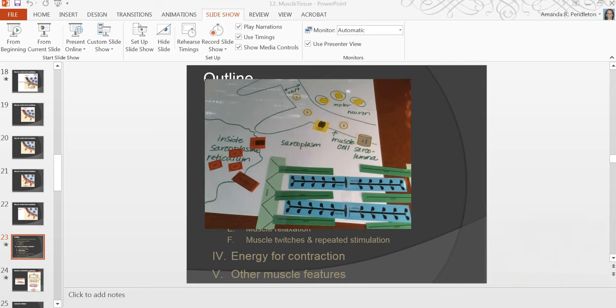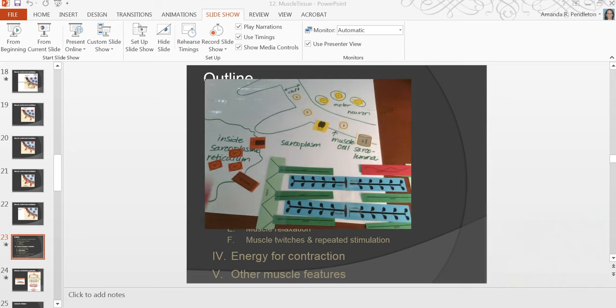One more thing that we now need to put into the picture that we have not talked about yet is troponin and tropomyosin, the wavy things that are in the sarcomere.